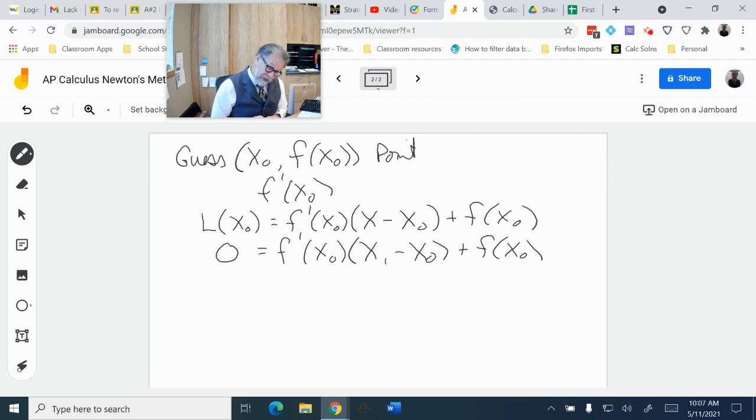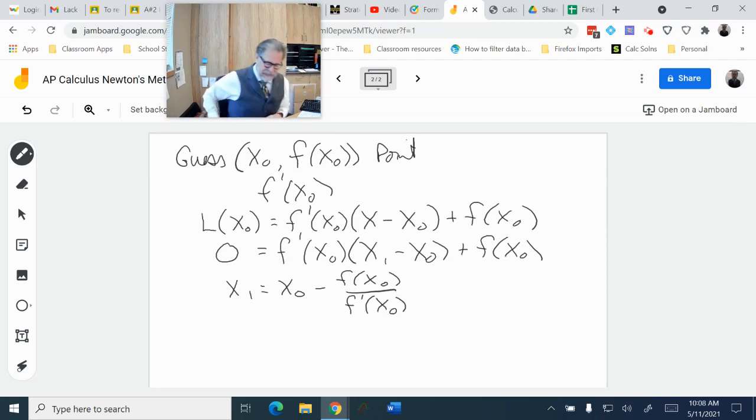All right, let's solve for x sub 1. I'm going to subtract the function, divide by the derivative, add x sub 0, and I get that x sub 1 equals x sub 0 minus f of x sub 0 over f prime of x sub 0.